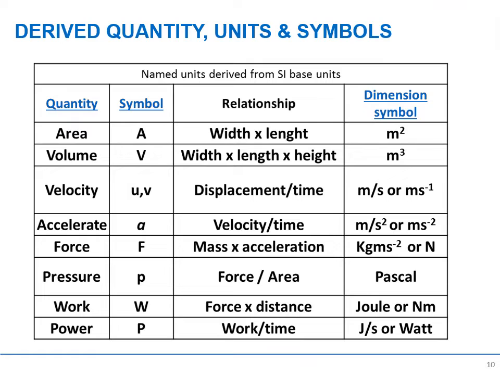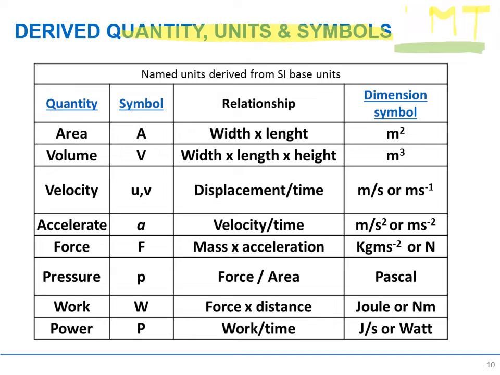Now, the derived quantities, units, and symbols. I told you that we have base units, and our base units are length, mass, and time. When we say we derive units using these base units, suppose you need to find area.